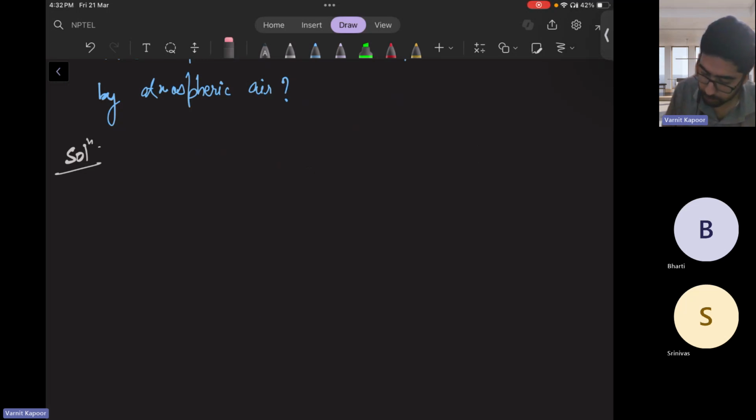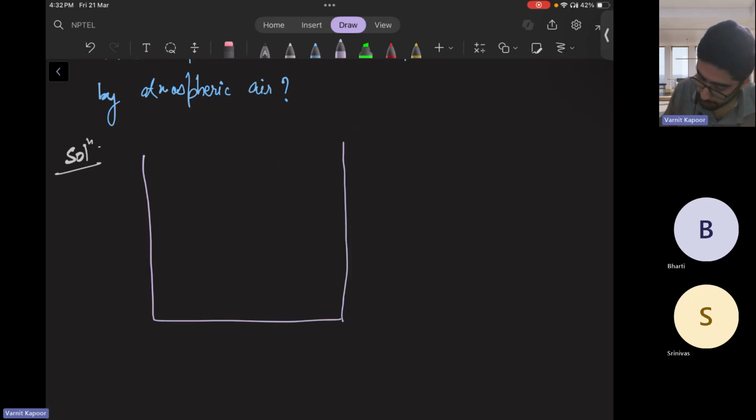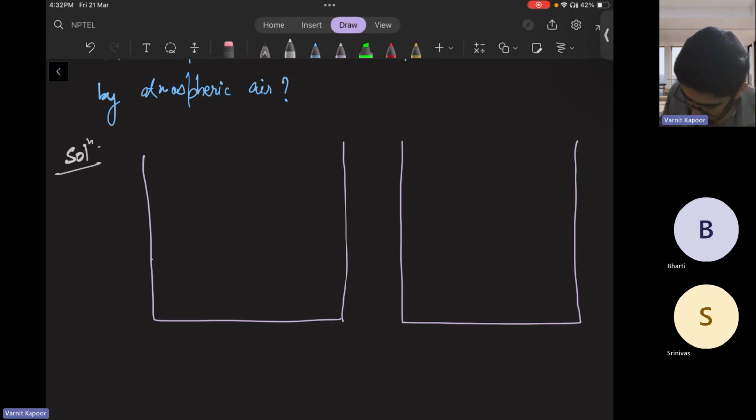Initially the gas is here, and this is connected to a piston cylinder. The arrangement is attached to a spring.